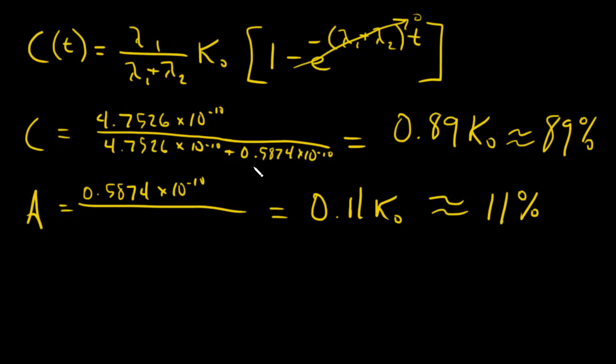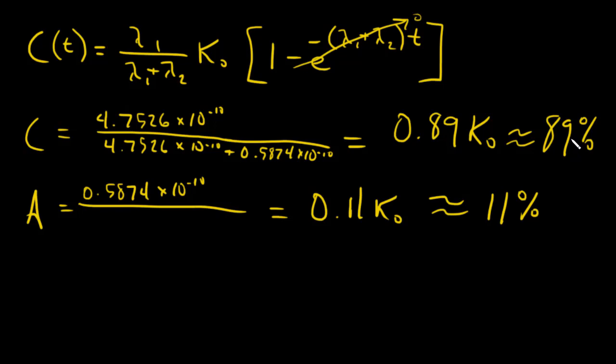When you think about it, if I multiply this rate by 9, I get this rate, which fits 89% and 11%. What is that, 8 to 1, 9 to 1, whatever it is?